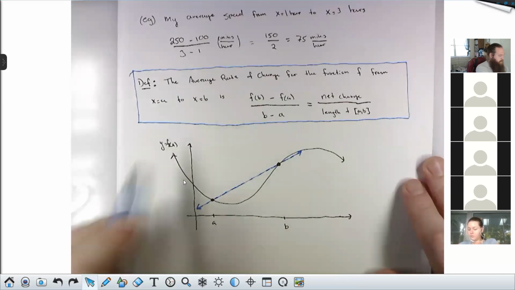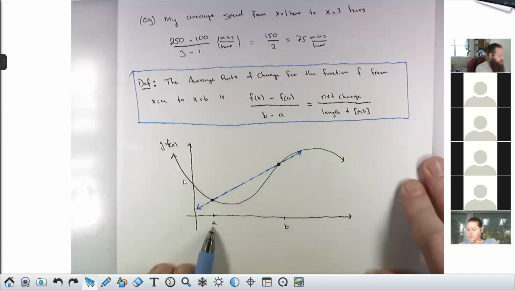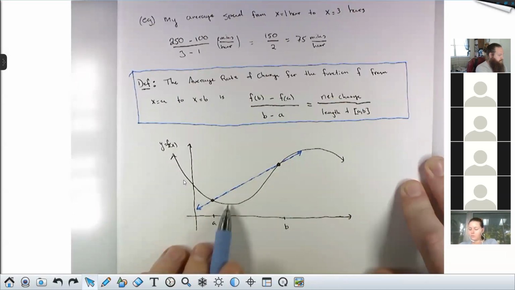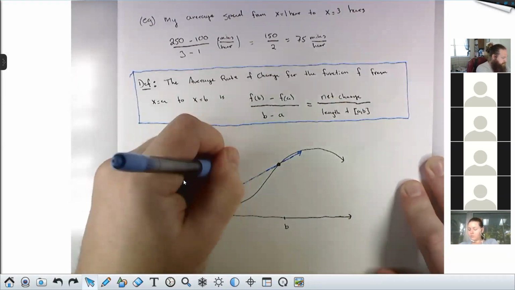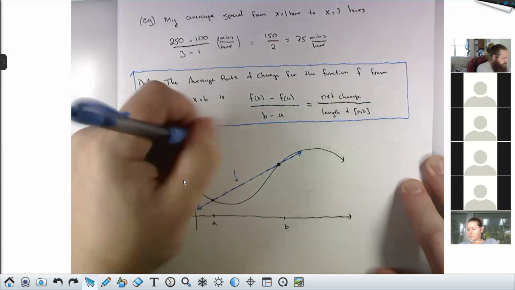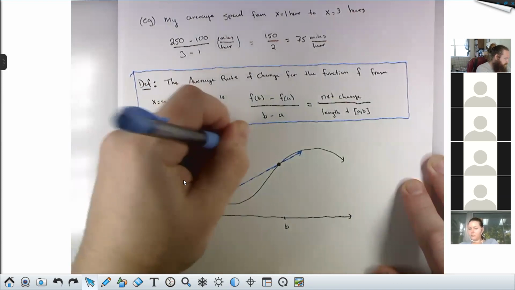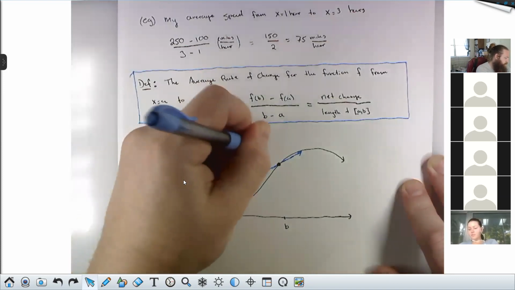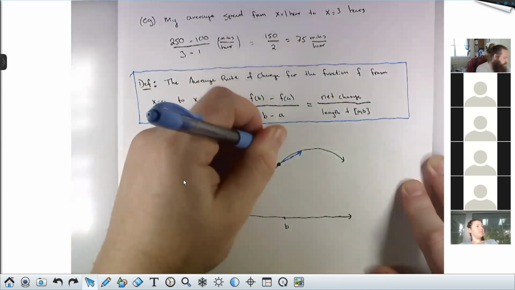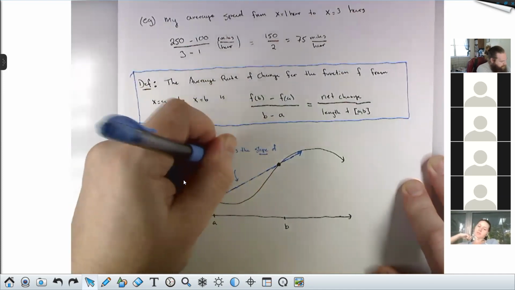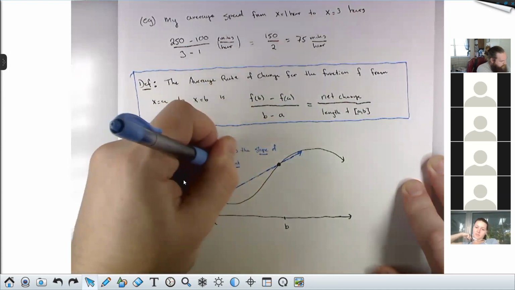So the average rate of change for this function from x equals a to x equals b is this rise over this run, which is the slope of this line. So the average rate of change is the slope of this, and the line is called a secant line.